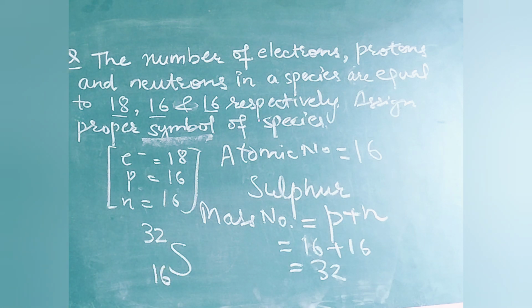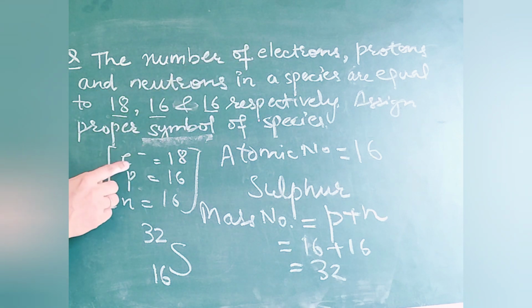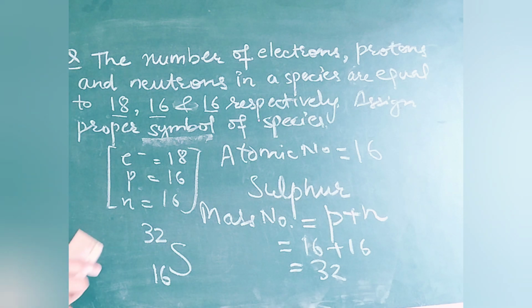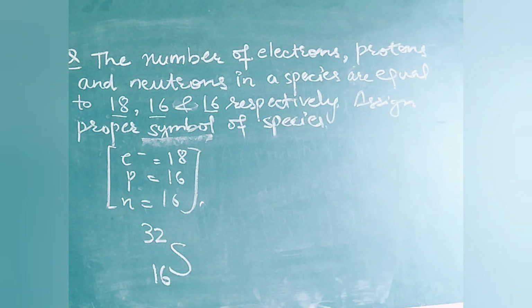But can you see the difference here? That number of protons and electrons are varying here. They are not equal. We have said that number of protons are equal to number of electrons. Fine. So here we are getting a difference between the two. That means it carries some charge.